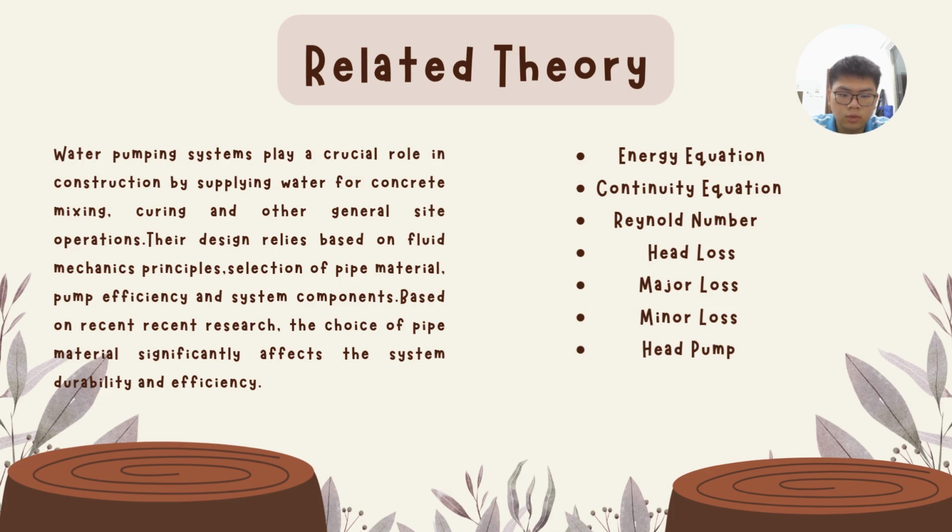Major loss occurs in pipe flow systems due to frictional resistance between the fluid and pipe walls. Minor loss occurs in the piping system due to disturbances in flow caused by pipe fittings and components such as a valve, elbow, tee, or a turning point.